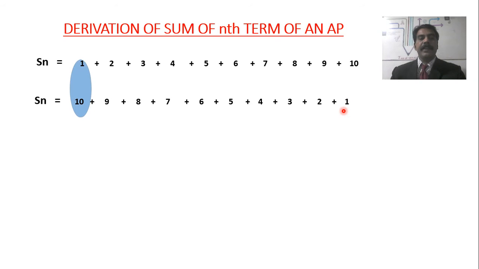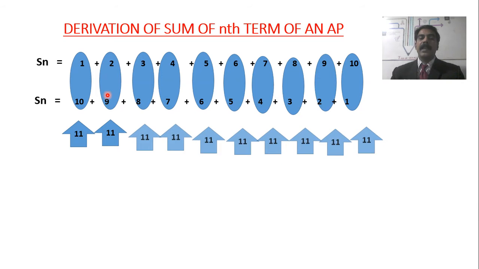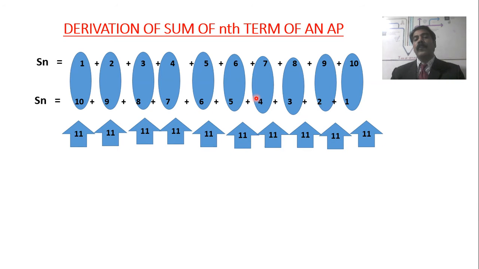See here, I am making the pairs 10 and 1, 9 and 2, 8 and 3, and similarly the remaining numbers. What you will observe is, if I add these two numbers, I get 11, and similarly I get 11 for every pair's addition.